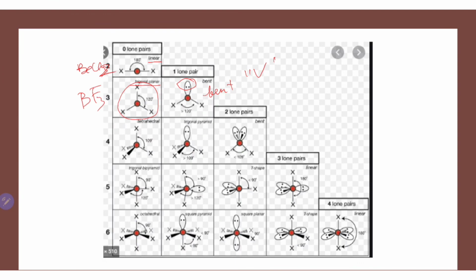When you have 4 around the central atom, then the shape is tetrahedral. But when one of these is empty, then the shape is trigonal pyramidal. When 2 empty, then you have bent, like that. Yeah, you can see here.